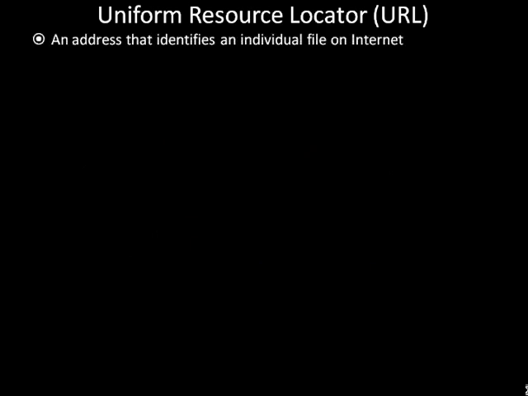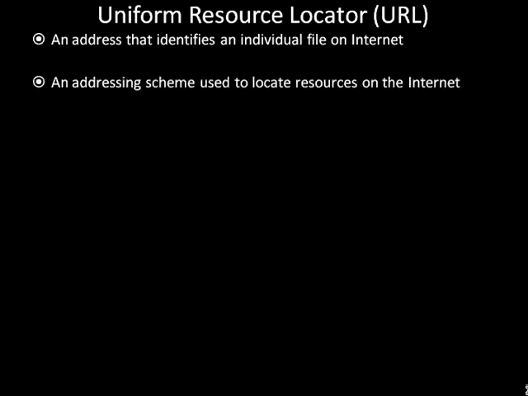Uniform Resource Locator (URL) is an address that identifies an individual file on the Internet. It is analogical to a phone number. It is an addressing scheme used by World Wide Web browsers to locate resources on the Internet. The URL consists of 4 elements.